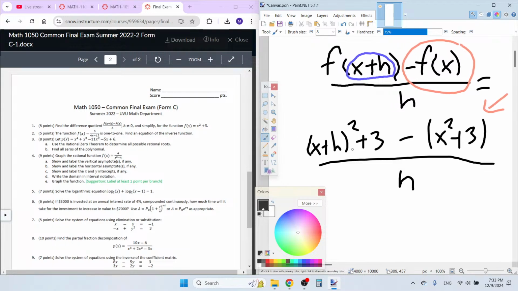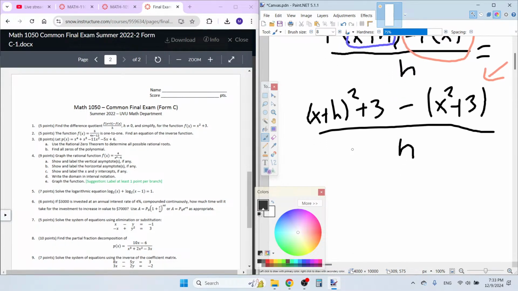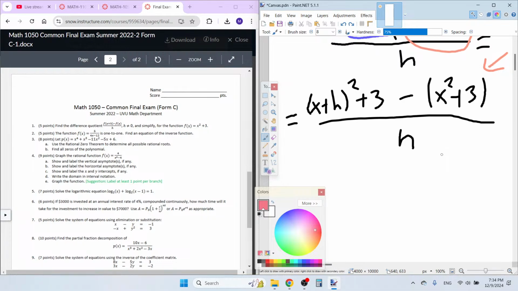For this problem, we're usually expected to simplify the expression. Simplification, like in this case, means you need to cancel this h out of the bottom of the fraction. It always will factor out of the top, and then you can cancel it with the bottom. So we are done when we can cancel that h from the top and bottom of the fraction.